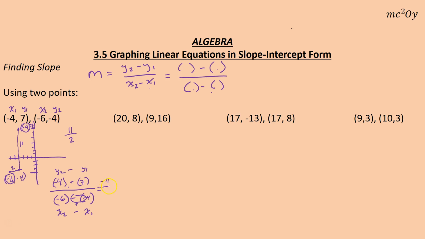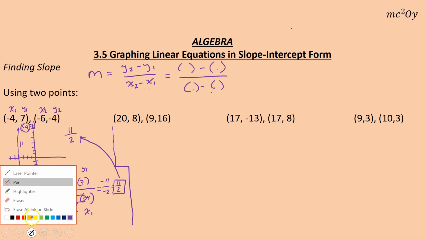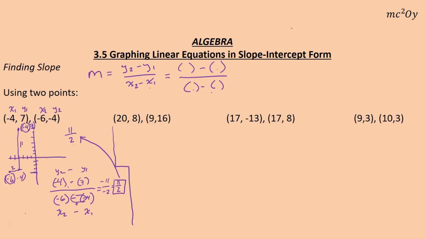So -6 plus 4 is -2. And -11 over -2 is 11 over 2. 2 negatives cancel. And that is the exact same thing we got right there. Okay. So I'm going to just use the slope formula on all these rather than actually going through and drawing a picture.